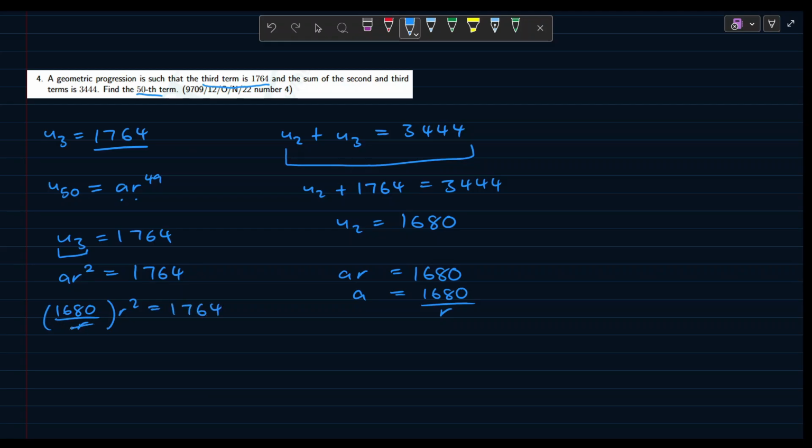So that's going to cancel out, and you get 1680r is 1764. Divide both sides by 1680. Let's punch that into the calculator. That's 1764 over 1680. That gives us r is 21 over 20.